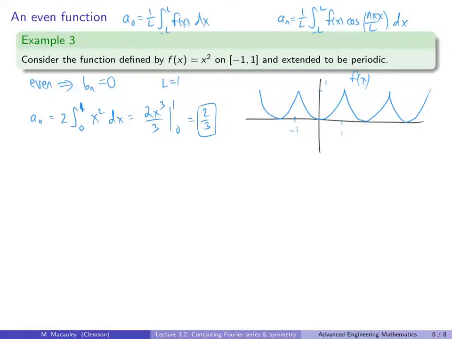So a naught is 2/3. And an, well, this is going to be messy. This is 2 times the integral from 0 to 1, we're doubling it again, of x squared times cosine of n pi x over L, L is 1, dx.